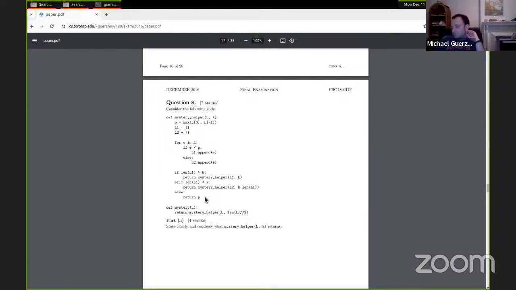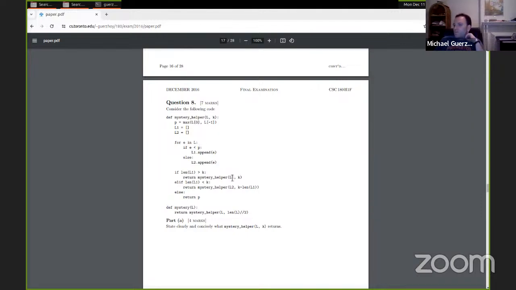So what you want in terms of the worst case is to say, well, what is the largest number of calls that you can make such that the length of L1 is not equal to K, when L1 is all the elements that are smaller than P, right?